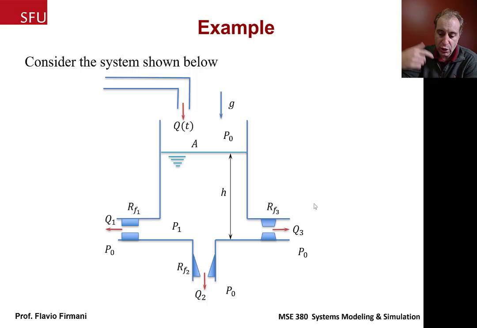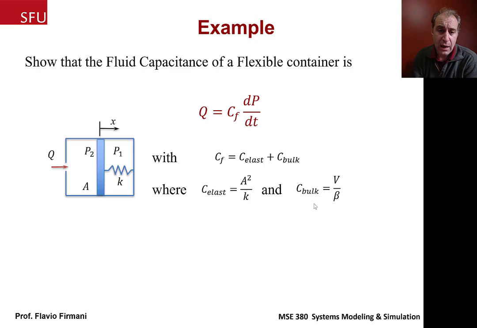Also, we're going to solve the problem that I mentioned before of the flexible tank and how we can determine that relationship. And this is the relationship of the fluid capacitance with the flexible container.